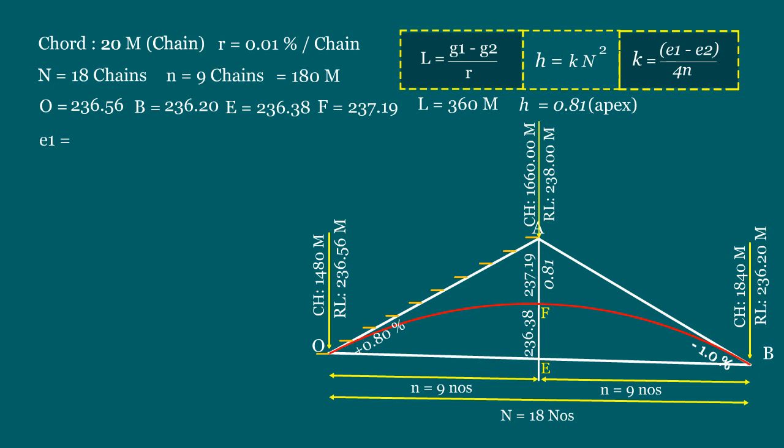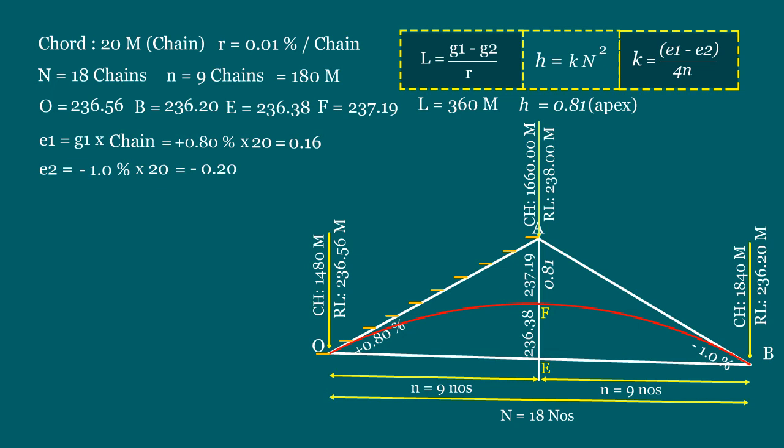That is, E1 equals G1 into 20 meters. That is 0.8 divided by 100 into 20, which equals 0.16 meters. Similarly, for E2, minus 1 divided by 100 into 20, that equals minus 0.20 meters.